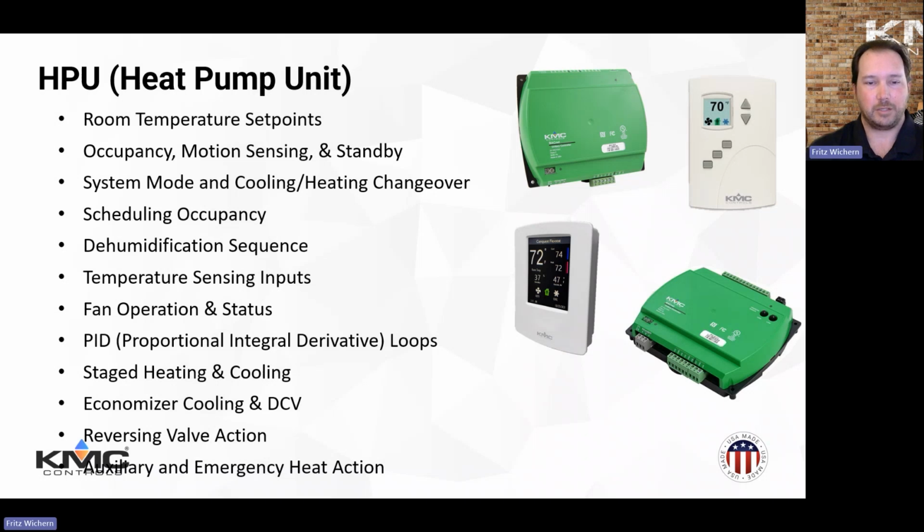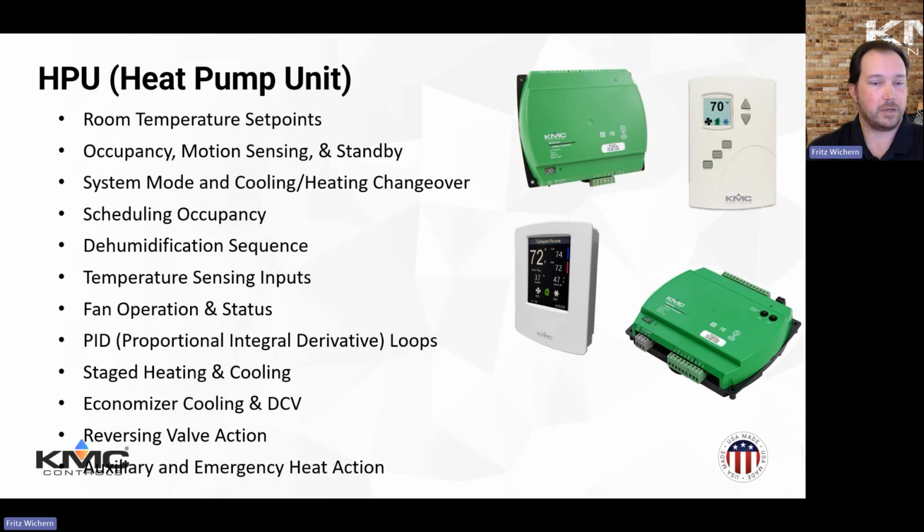The reversing valve action can be configured as needed to be either active in cooling or heating, depending on what the installation is. And on this one, and I'm just noticing that the last bullet point is covered up by our logo down here, but we've got auxiliary and emergency heat action. So we've got some options for auxiliary heat.